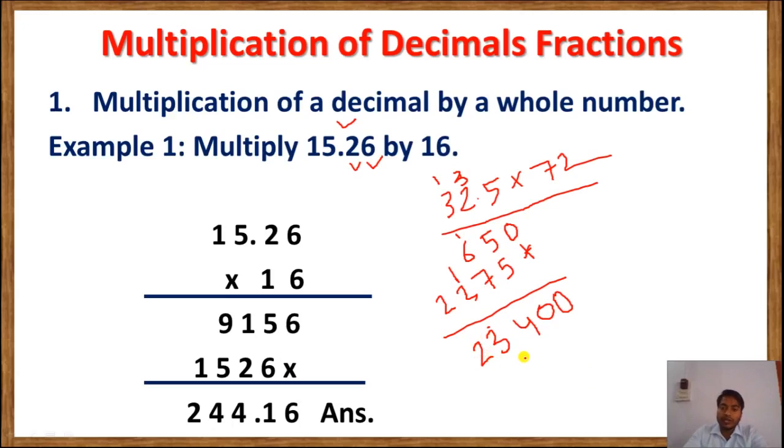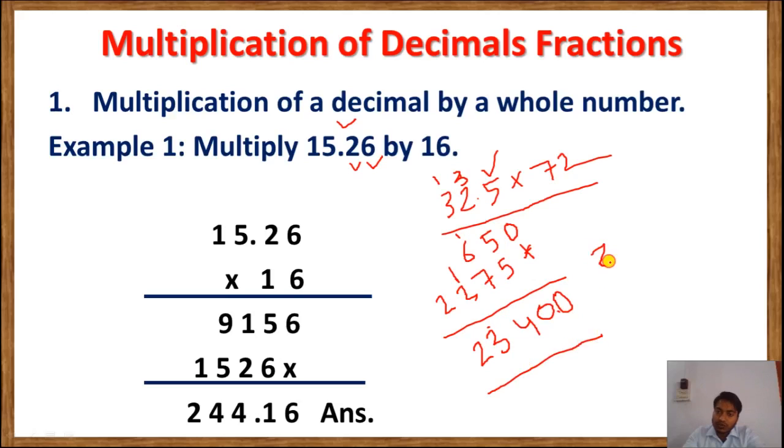Now we have to give the decimal point. For that you need to see that right of the decimal point we have only 1 digit. So in the result also we have to give 1 digit in the decimal part. So here you can see we have 0 and before that we can give the decimal point. Here we have one digit in the decimal part, and here also one digit in the decimal part.